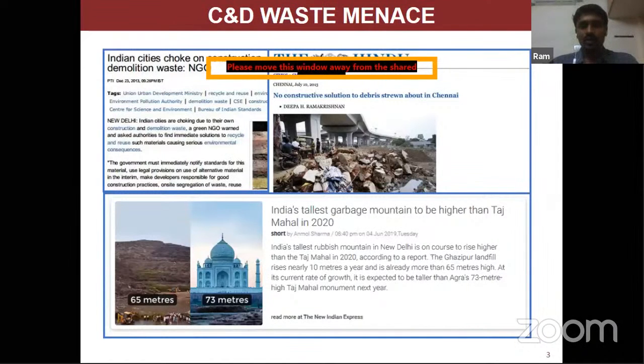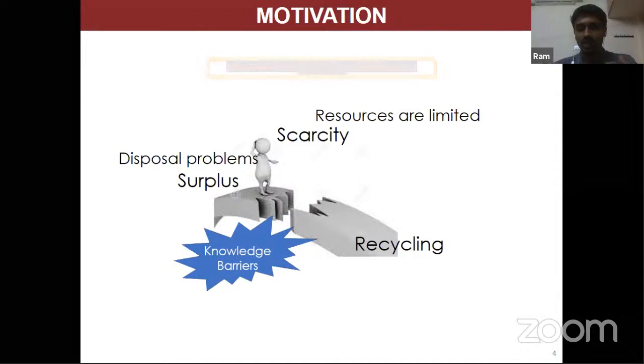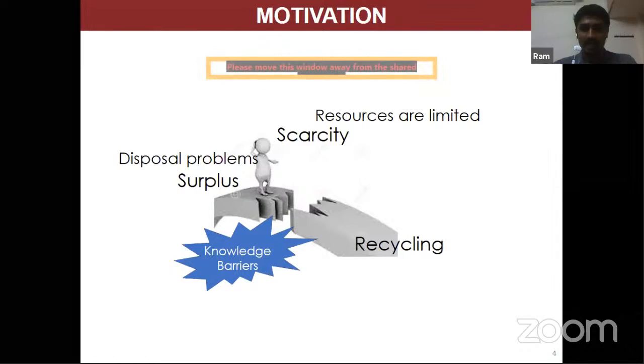So what we have is a disposal problem on one hand. On the other hand, we are also rapidly developing our cities, so we need a huge amount of resources to fuel our infrastructure development. And so what we need is aggregate. But then we are again breaking the mountains to get those aggregates, and we know that natural resources are scarce and we have to conserve them.